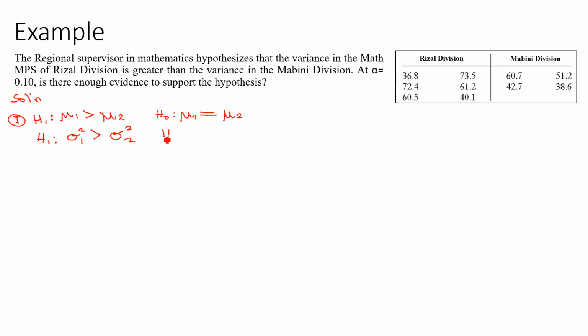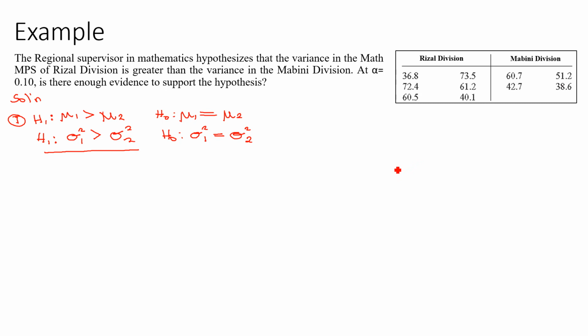Therefore, our null hypothesis would be the variance of the Rizal division is equal to the variance of the Mabini division. And of course, this is the claim of the regional supervisor.